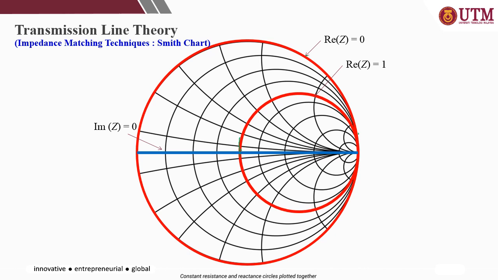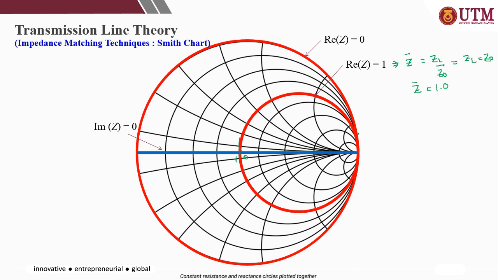The circle value here is 1.0. So it's a match point, where the normalized impedance equals ZL divided by Z0. We assume Z0 equals 50. When it is matched, ZL equals Z0. Therefore, the normalized impedance at this point is 1.0.